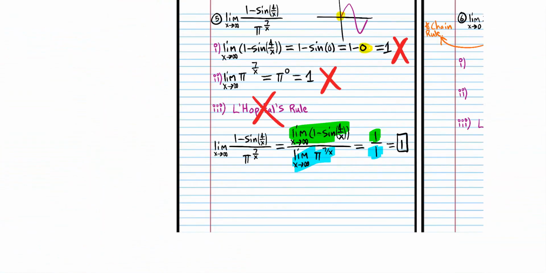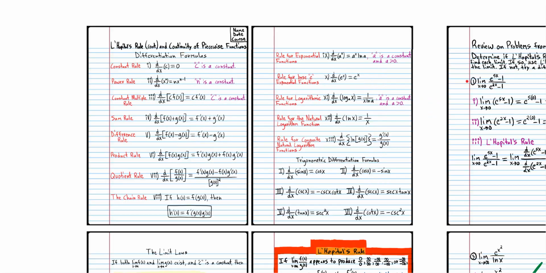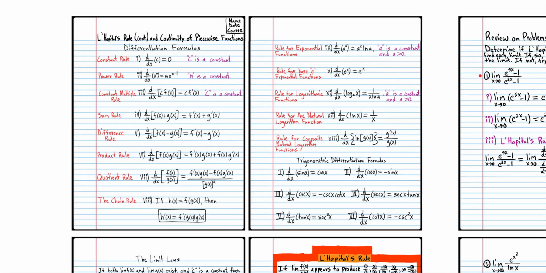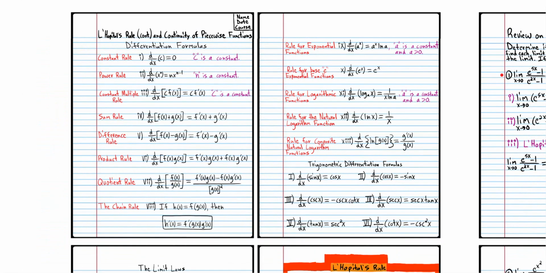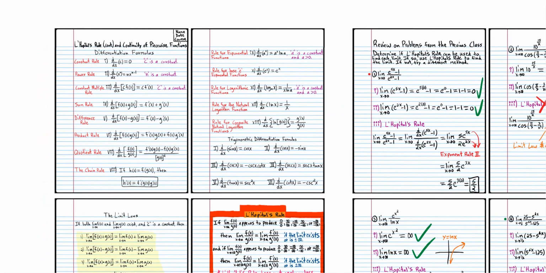Now if you forgot the derivative of the tangent x function, again, you can look at your differentiation formulas. So down here, you see that? So take a picture of those formulas. You see that we need those formulas from time to time, and you have to have them.